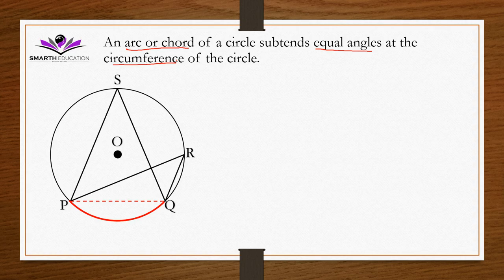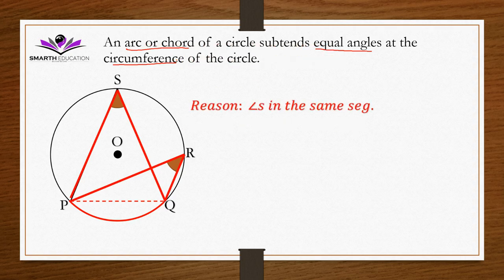So these subtend this angle S there by the circumference. So we're saying this angle is equal to this angle, which is also subtended by the same arc and the same chord by the circumference. So angle S is equal to angle R. So an arc or chord of a circle subtends equal angles at the circumference of the circle.